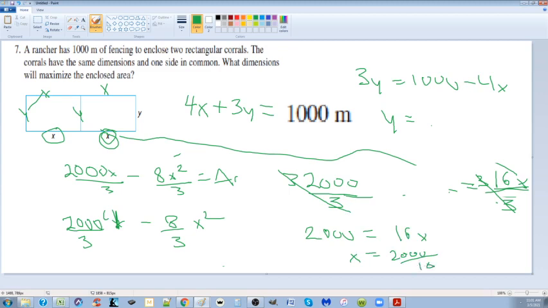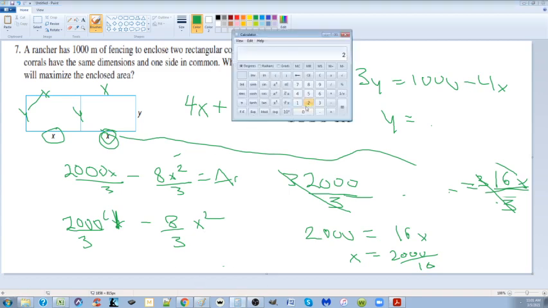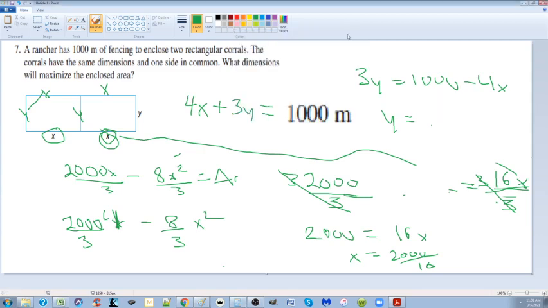And what is that, 2000 divided by 16? 125. So now we have to go back and realize that just this length here is 125, which means this length here is 125. And if we go back to this formula here, 4 times 125 is 500.